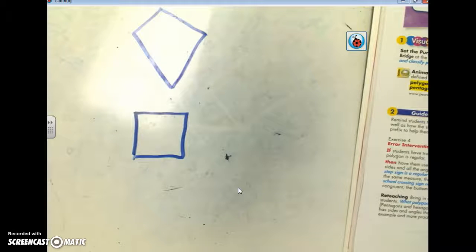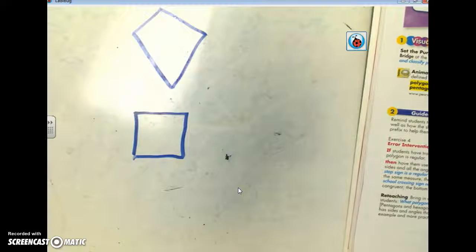We'll get into it a little bit later, but a quadrilateral could be a square, a rectangle, a trapezoid, a rhombus, or a parallelogram, because all of those shapes have 4 sides. They're all 4-sided polygons. They just have different line similarities that make them all have a different name whenever you refer to them.